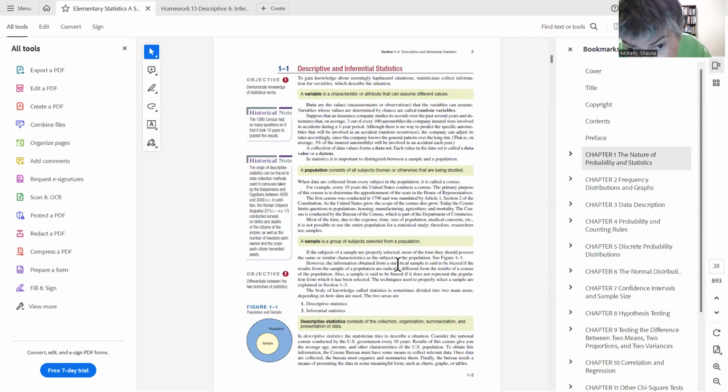Let me also bring this down so that I can make this larger. Where is my view? Okay. It's not letting me.